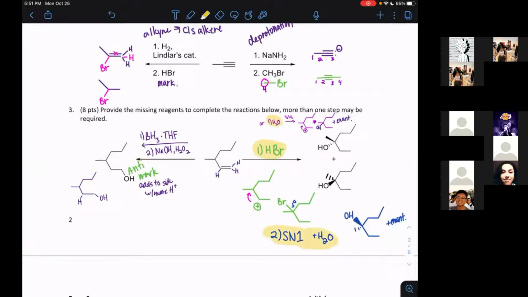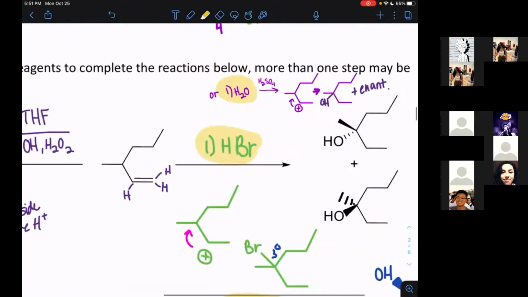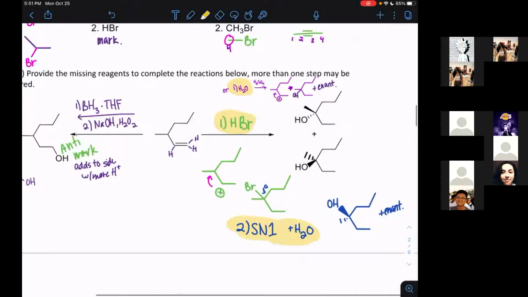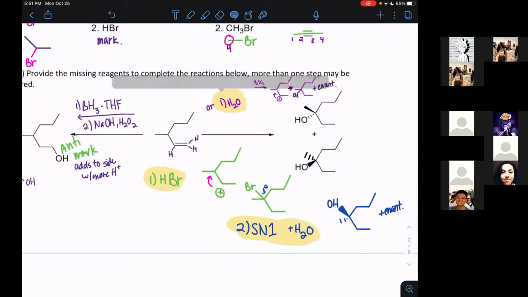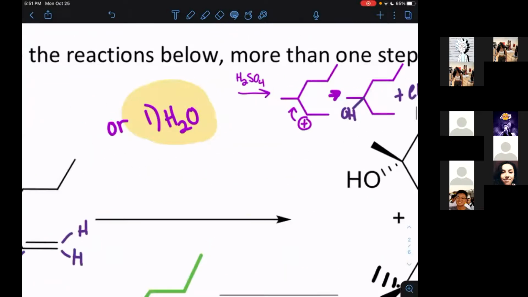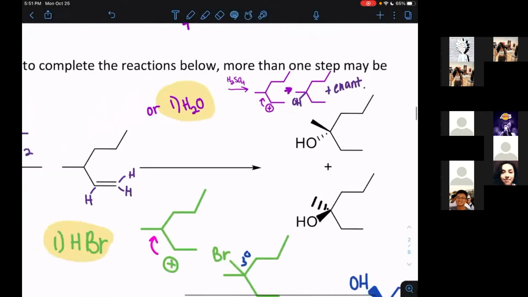What was the second one for the one on the right? Yeah, so for the right, I went for the difficult way. I did HBr. I thought it had to be syn addition, just to get the enantiomers. Yeah, okay. But what was the second one? You could also do H2O and H2SO4. Oh, okay.